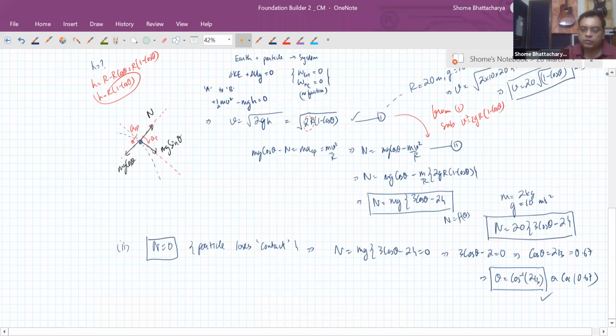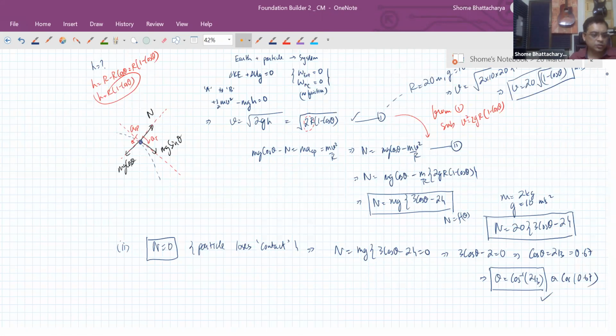If we want to calculate it numerically, we can always use a table or a scientific calculator. So it's about 48 degrees.